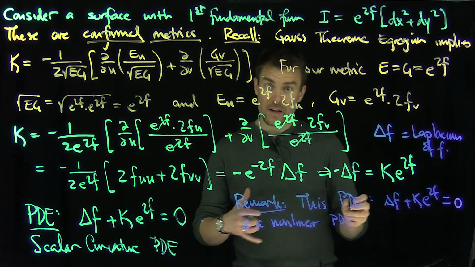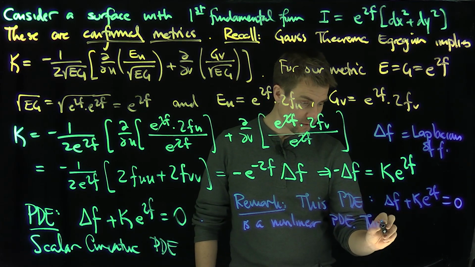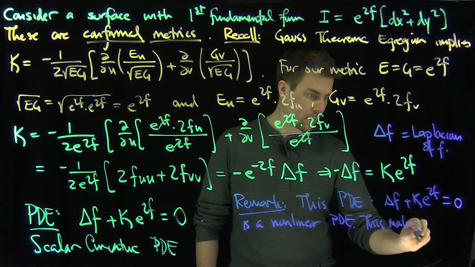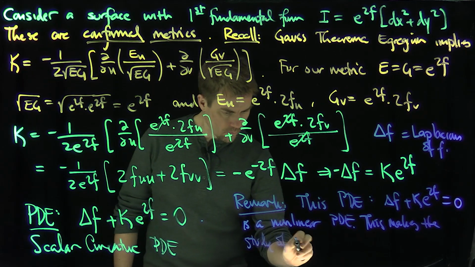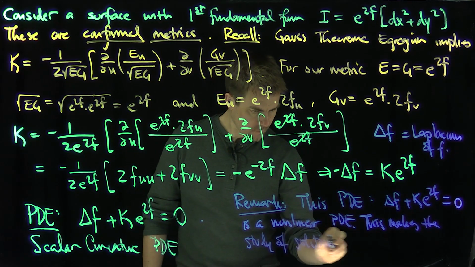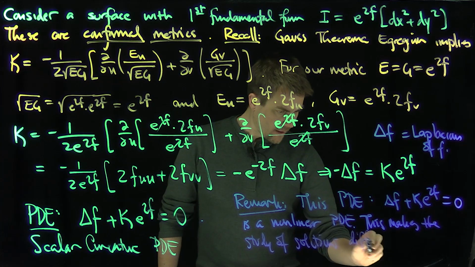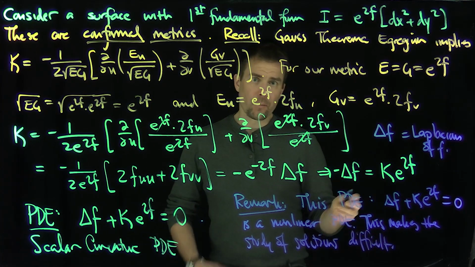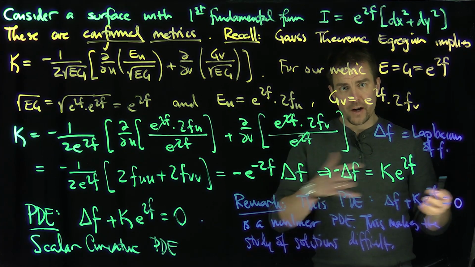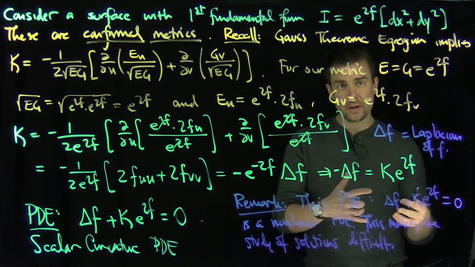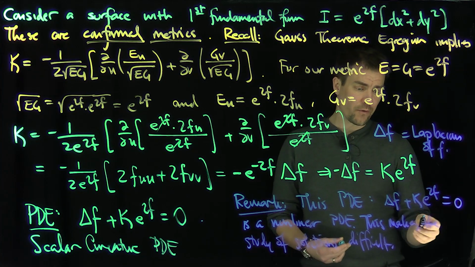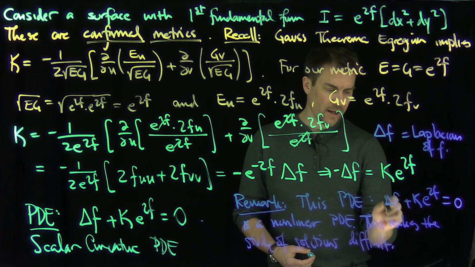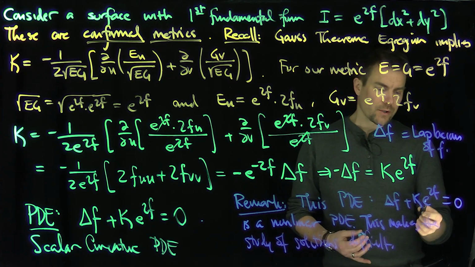That, of course, makes the study of it very difficult. At some point in the future, we'll develop a PDE playlist, and that PDE playlist will analyze certain classes of nonlinear PDEs which have a certain structure, right? So the beautiful thing about this is that we have the Laplacian, which is actually very helpful for us too.